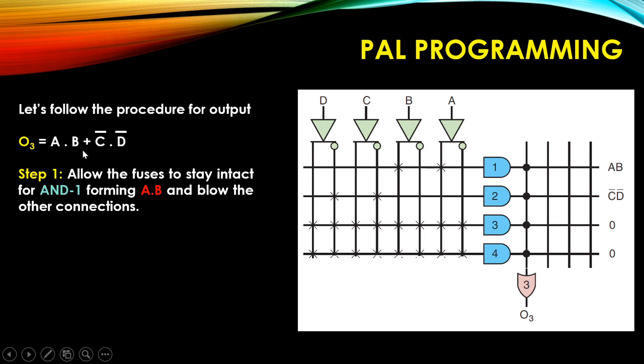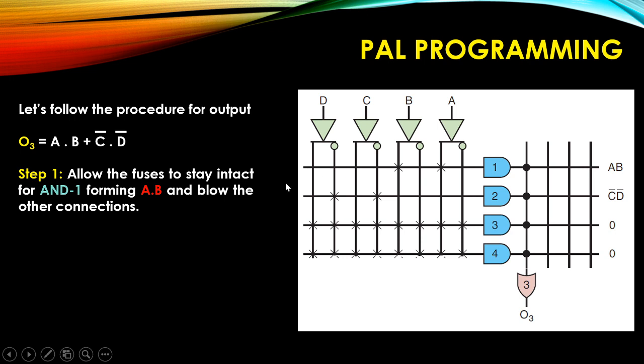This is the output that we are expecting from the OR gate 3, the output O3. Now I have just simplified this particular circuit. I haven't shown the entire structure. I'm just concentrating on the output O3, which is hardwired to the outputs of AND gates 1, 2, 3, and 4.